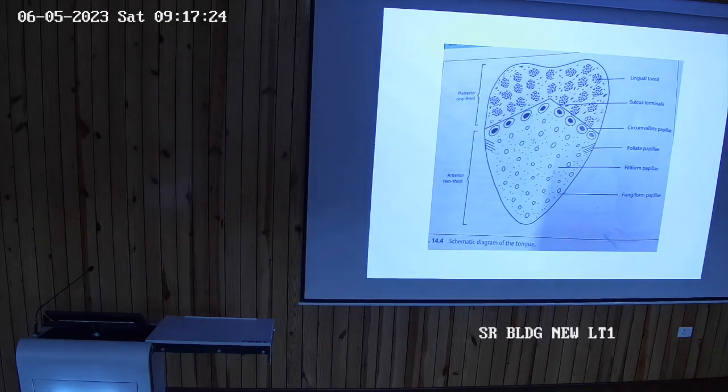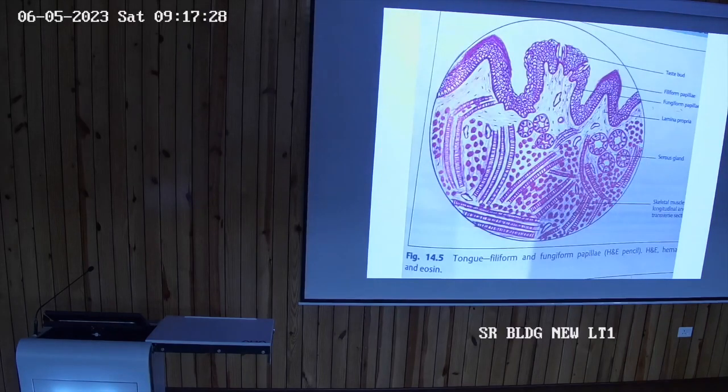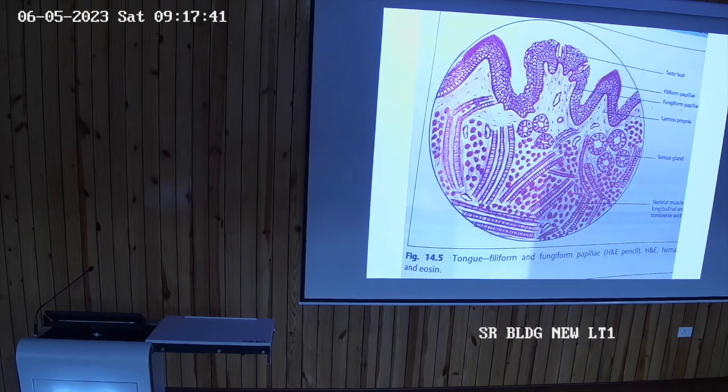After seeing its dorsal surface and ventral surface, when we see the transverse section of the tongue in histology, we will find that the tongue follows the same pattern as the GIT. That means the epithelium is lined by stratified squamous non-keratinized epithelium.